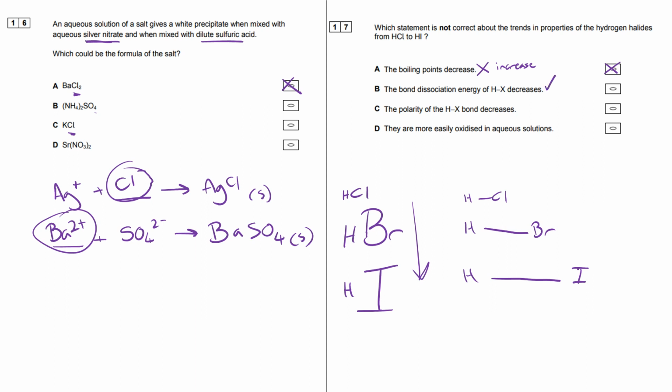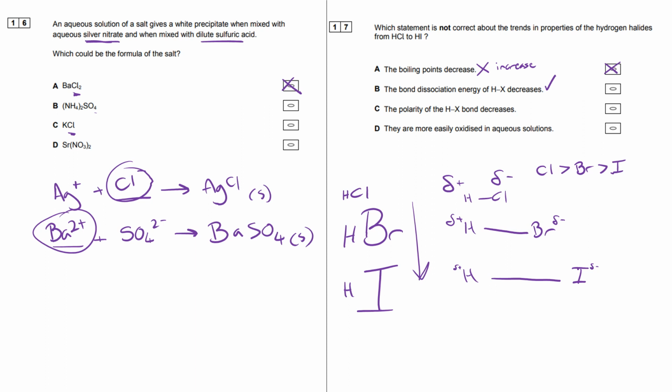So the bond dissociation enthalpy does indeed decrease down the group. Does the polarity of the hydrogen halide bond decrease? Well, polarity is based on electronegativity difference. Out of chlorine, bromine and iodine, chlorine has the highest electronegativity, which means HCl is the most polar bond, followed by HBr, followed by HI.